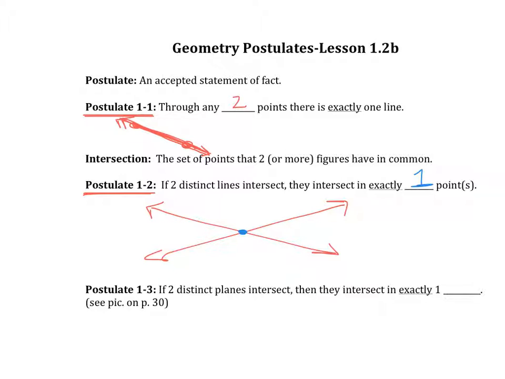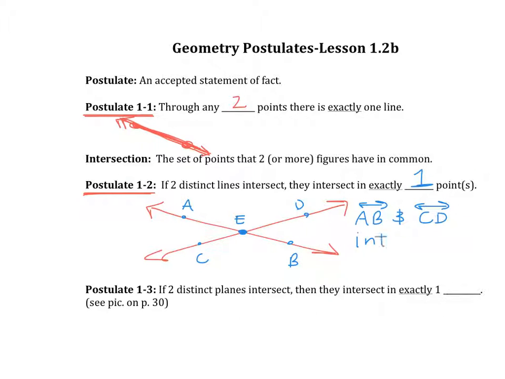So if we wanted to name that, this is A, B, C, D, and E. We would say line AB and line CD. Remember, you write lines with the arrows going both ways over top.